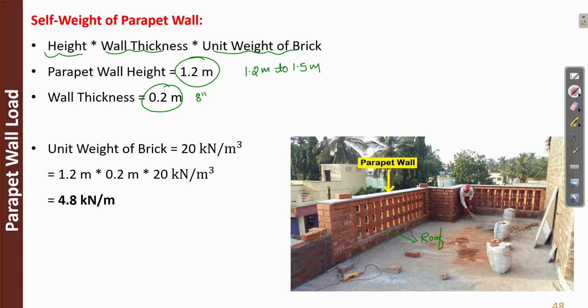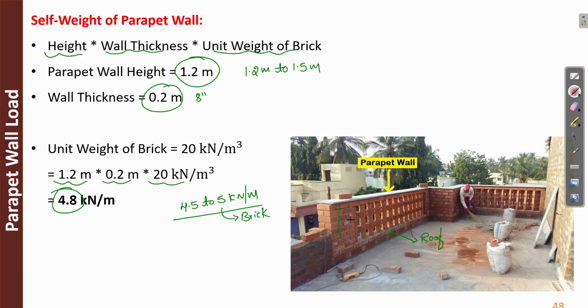So height of the wall 1.2 meter, thickness 0.2, density 20, so it is 4.8 kilonewton per meter. Without calculating, we will assume 4.5 to 5 kilonewton per meter as self-weight of parapet wall if it is made up of brick.